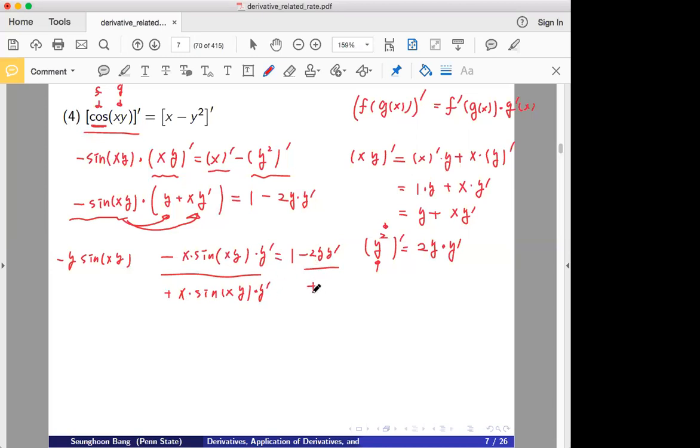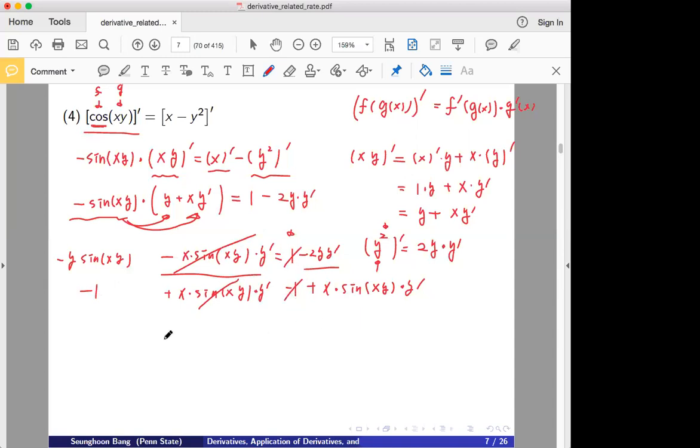You can add it here, times y prime. So it cancels. One more, you have to move this constant one to the other side. Subtract 1 from both sides. Once you cancel, so what happens?